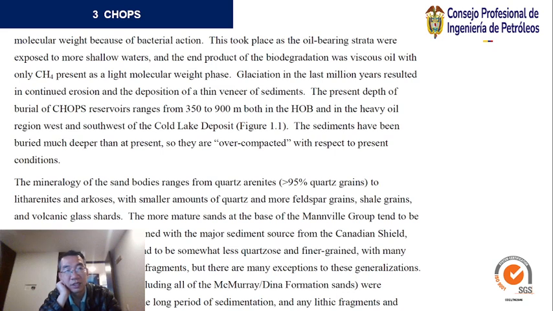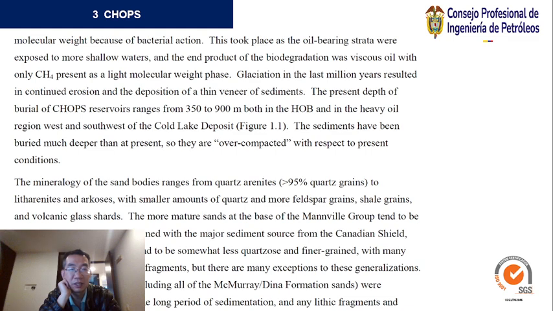The present depth of CHOPS reservoirs ranges from 350 to 900 meters, both in the HOB and in the heavy oil region west and southwest of the Cold Lake deposit. The sediments have been buried much deeper than the present, so they are over-compacted with respect to present conditions.